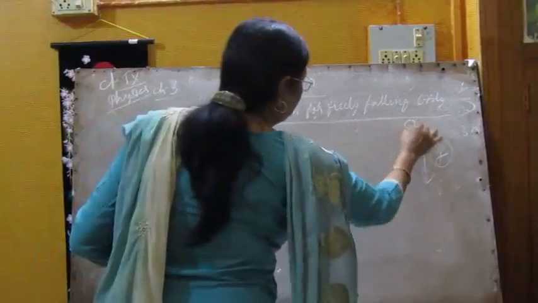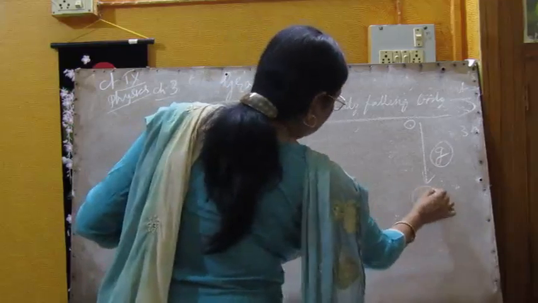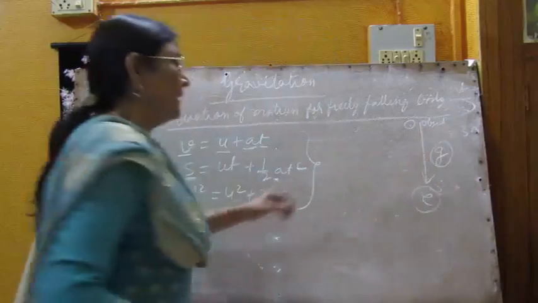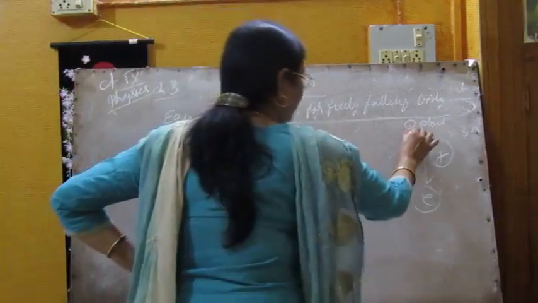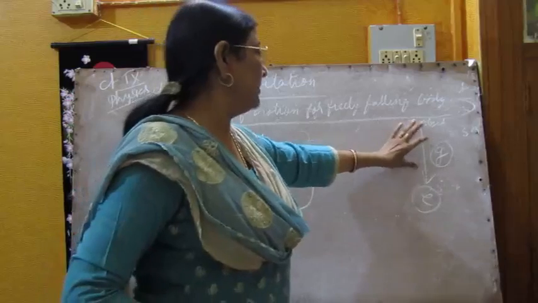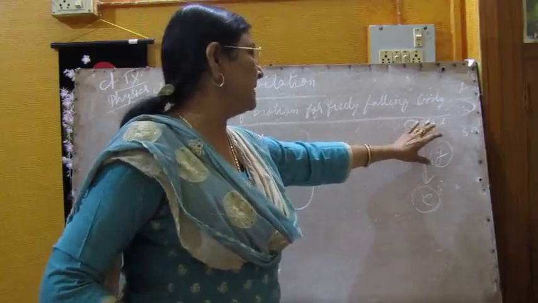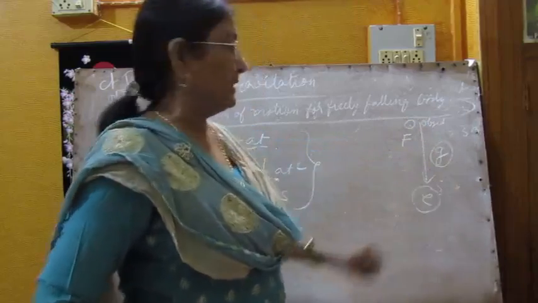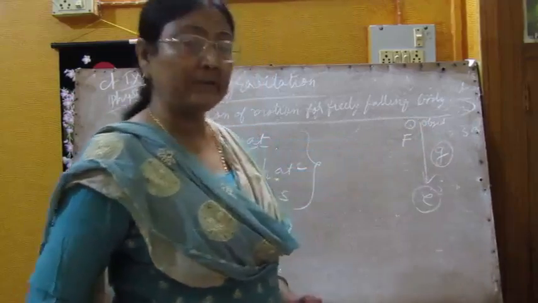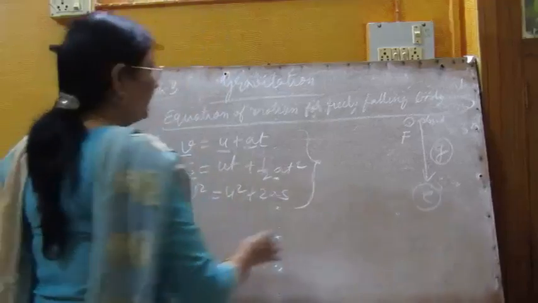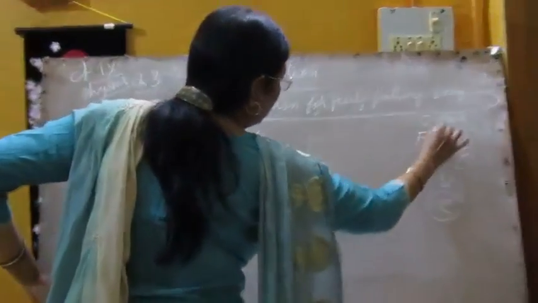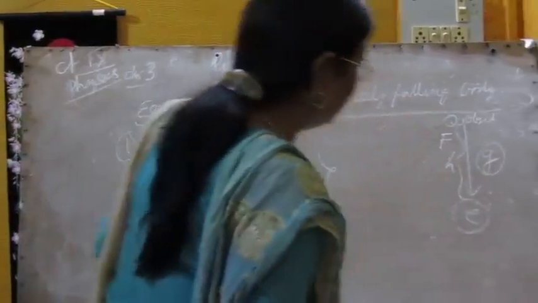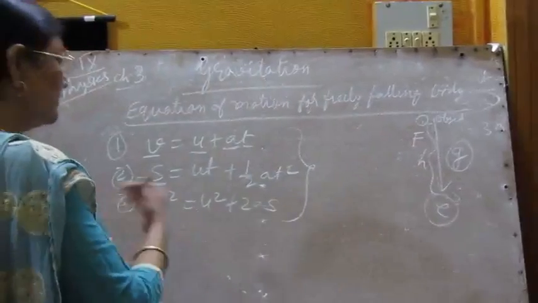Suppose here is the object and here is the earth, then due to this force of gravity, the acceleration produced in this object is G. This is called acceleration due to gravity. Suppose the object is falling on the earth from height h, then the equations will change.